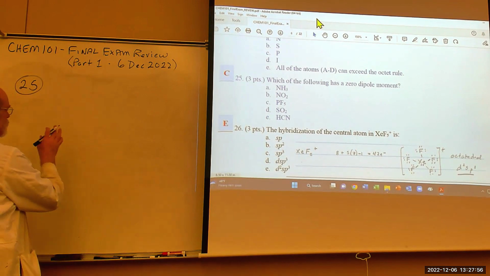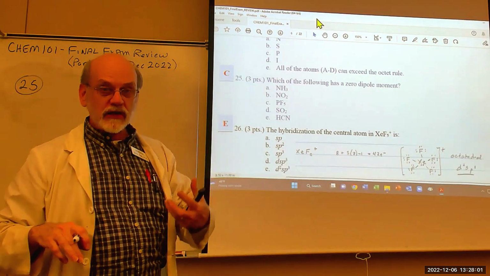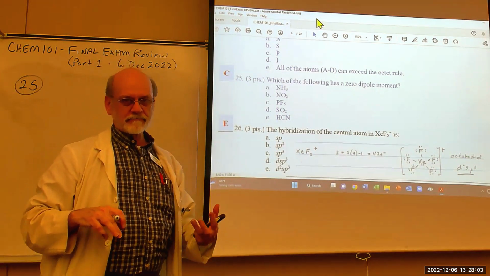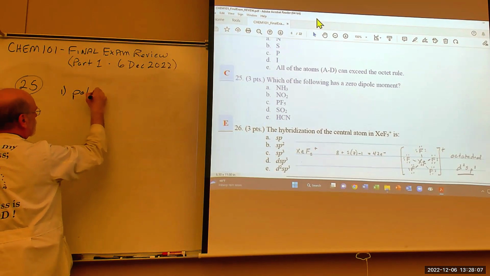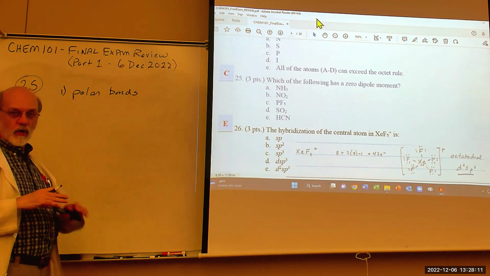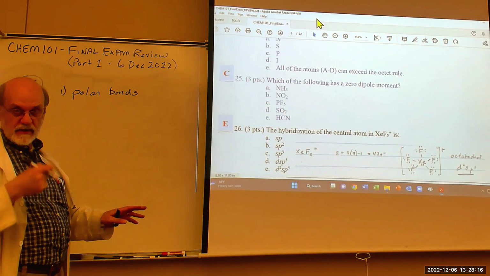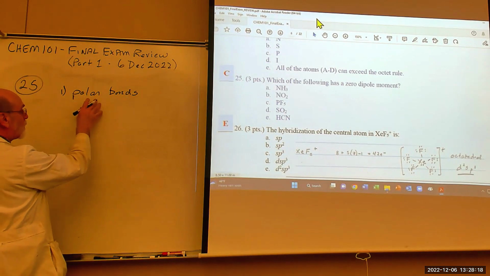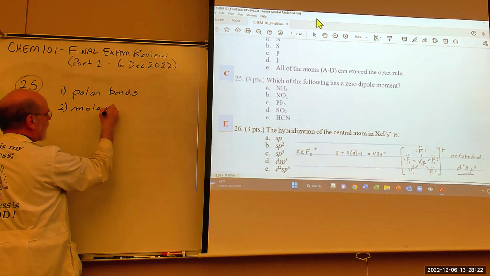Remember what it takes to determine whether or not a molecule has a dipole moment. You've got to have polar bonds. If there are no polar bonds, then there's no dipole moment. You can stop there. But if there are polar bonds, then you need to know the molecular geometry.